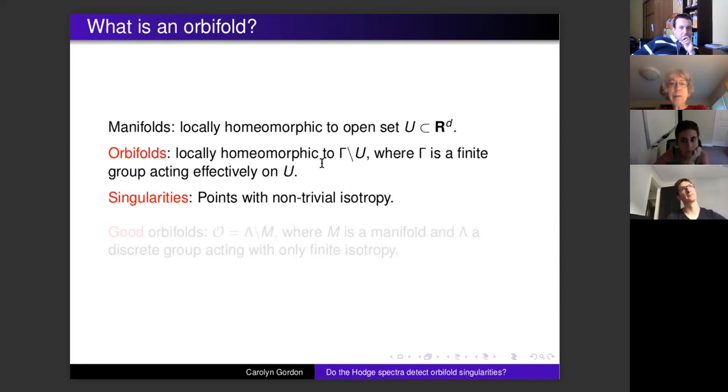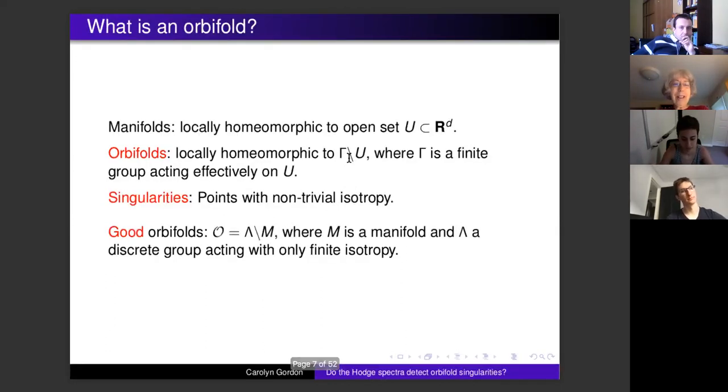Singularities correspond to points with non-trivial isotropy. And orbifolds are classified as good or bad. There's no judgment, but a good orbifold is one that is globally the quotient of a manifold by a properly discontinuous discrete group action acting with only finite isotropy, and otherwise is bad.